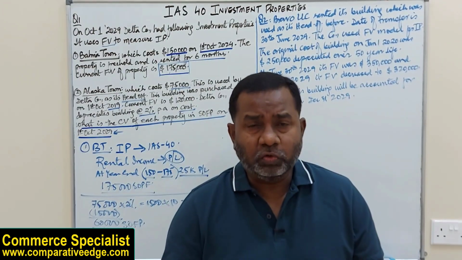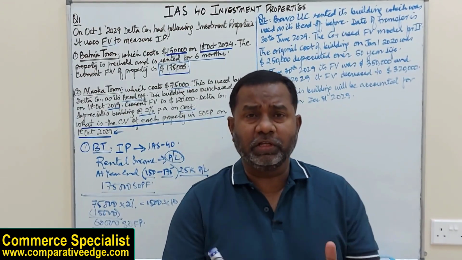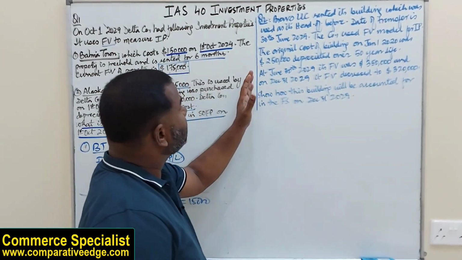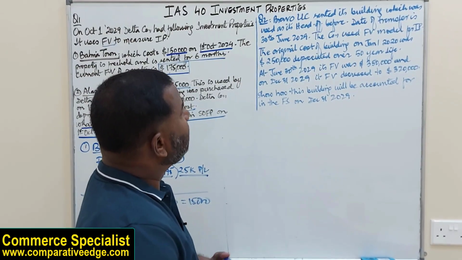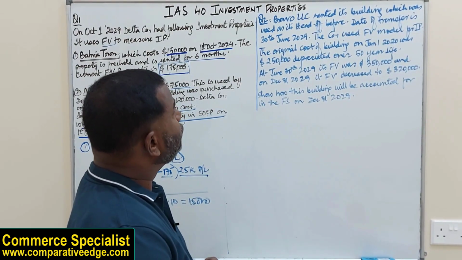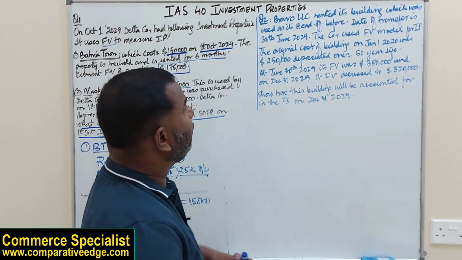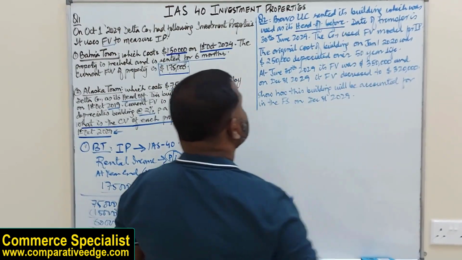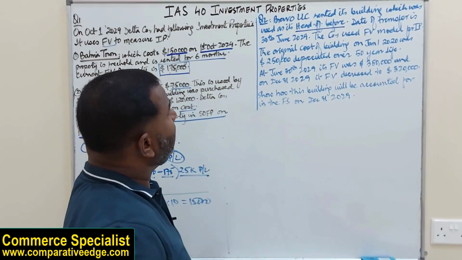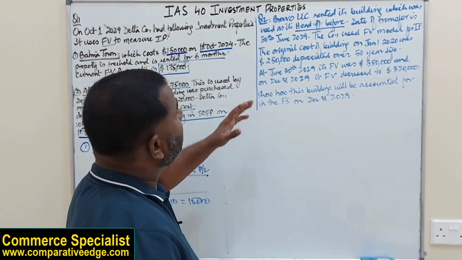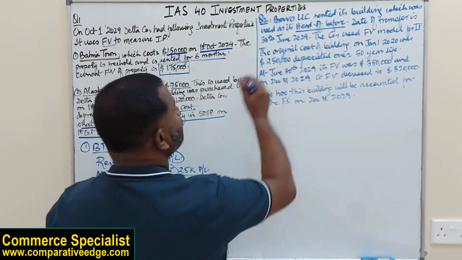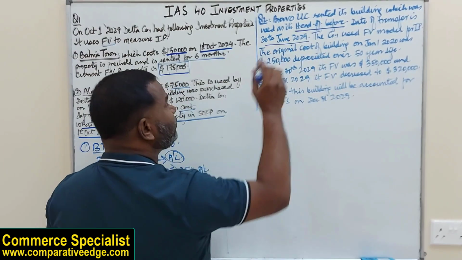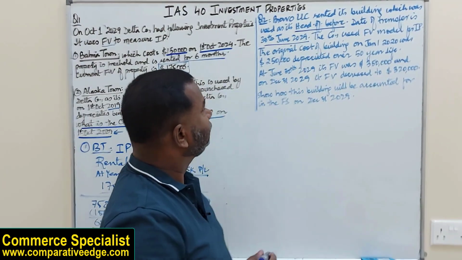Now let's talk about question number 2, where your understanding for application of IAS 40 investment property will increase a little further. So in question number 2, it says Bravo LLC rented its building which was used as its head office before. That means this building was an owner occupied building, and now they are transferring it on June 30th 2029 as an investment property because it's being rented.